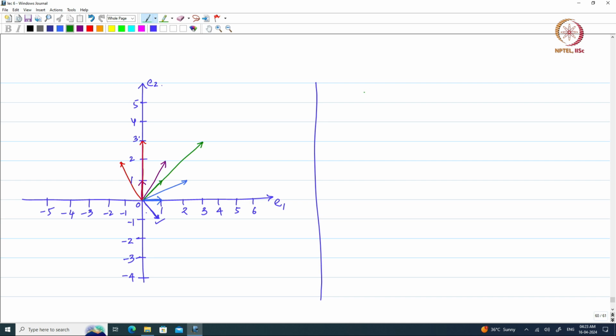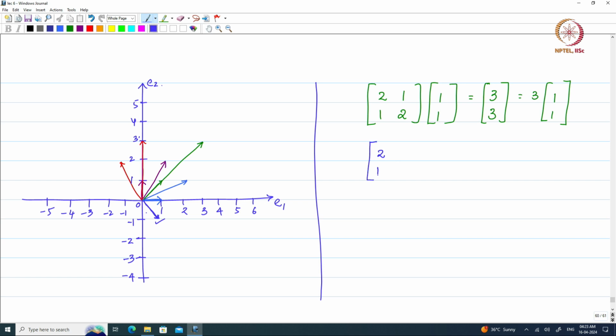In this case what had happened is, if I take this matrix 2 1 1 2, this transformation, and we have this 1 1 vector, this gave me the vector 3 3 where the 3 3 vector was nothing but the scalar multiple of 1 1 itself. Similarly, if you take this vector 1 minus 1, 2 1 1 2 into 1 minus 1, that gave me 1 minus 1 itself, which was essentially 1 times 1 minus 1, right.